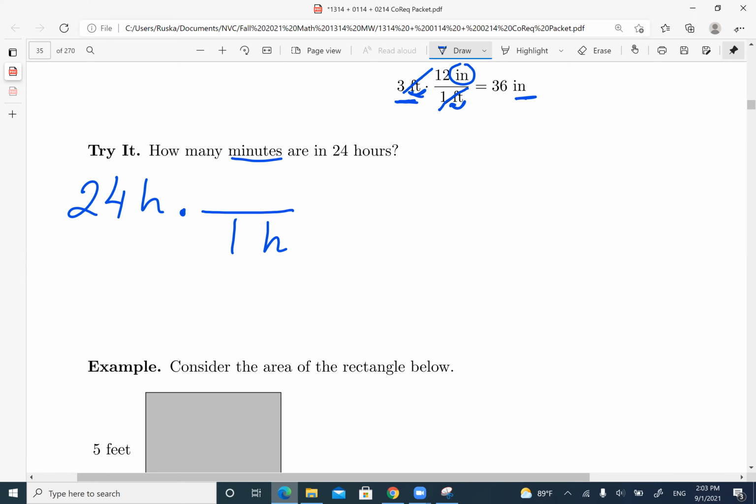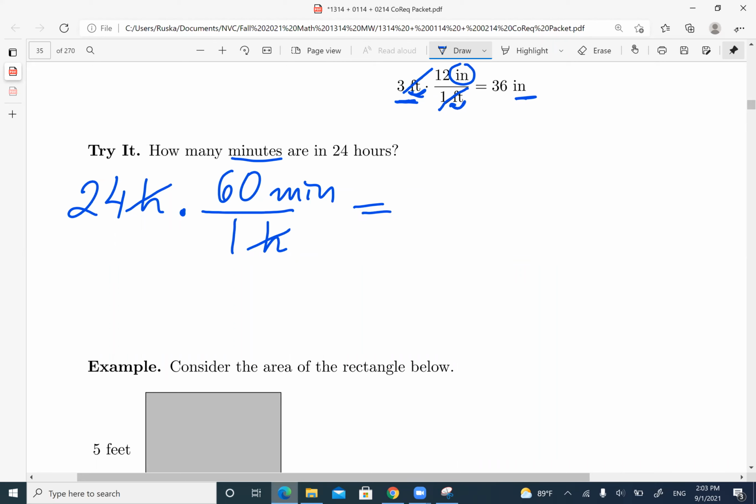So how many minutes in 1 hour? 60. 60 minutes. So this is the ratio you're going to use. You're going to use 60 minutes is 1 hour. And then remember, the hour has to be in the bottom so it can cancel. And then after you cancel the unit, my answer is going to be in minutes.